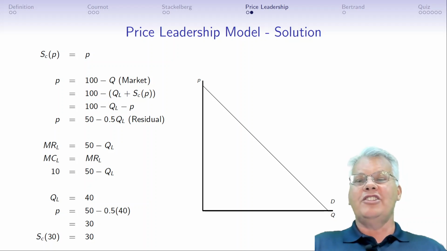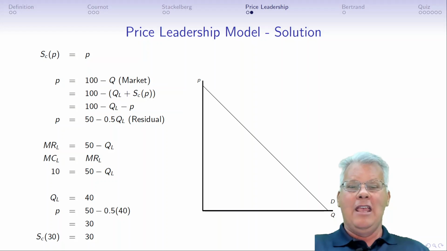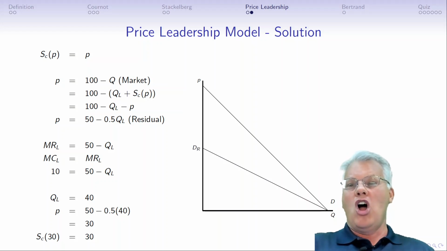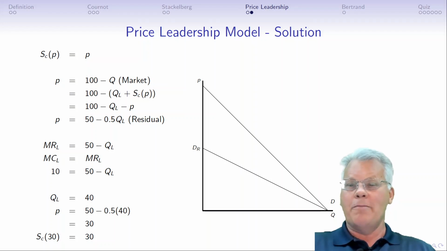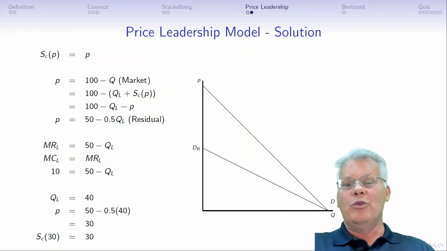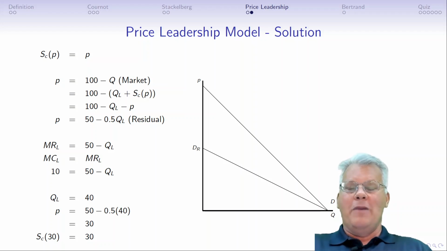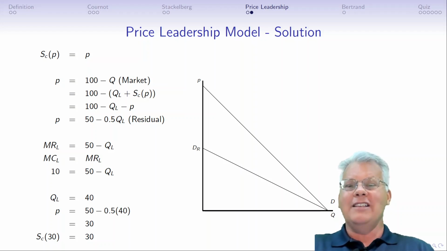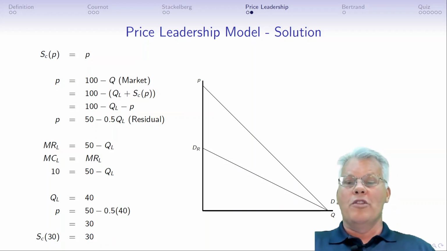So I wanted to illustrate this for you graphically. We start with market demand, and then when we subtract off the quantity that the follower firms, or the competitive firms, would produce, we're left with the residual demand. So as the leader firm announces a higher price, the competitive firms are able to take more and more of the market.